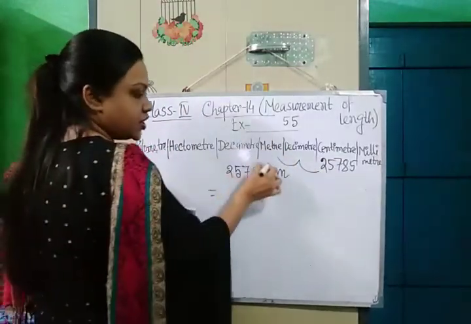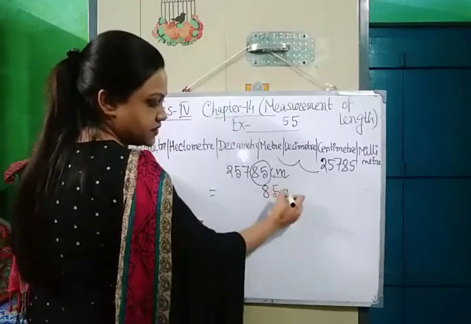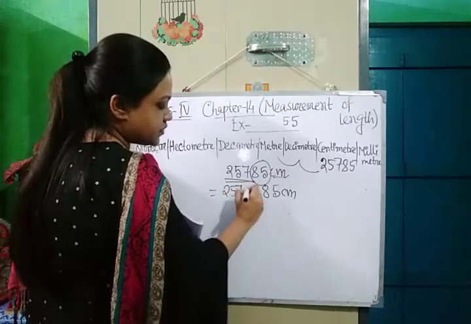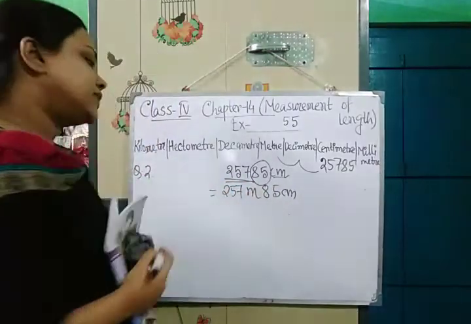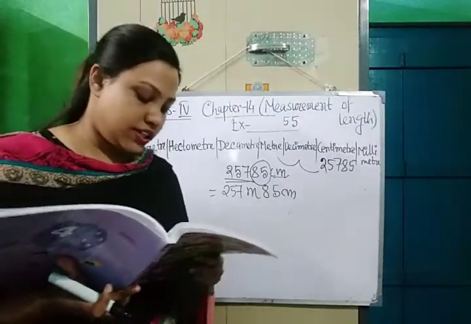From the end, 2 digits form the number 85, so it will be centimeter. And the remaining number is 257, that will be in meter. So 257 meter, 85 centimeter. So that is the rule only.